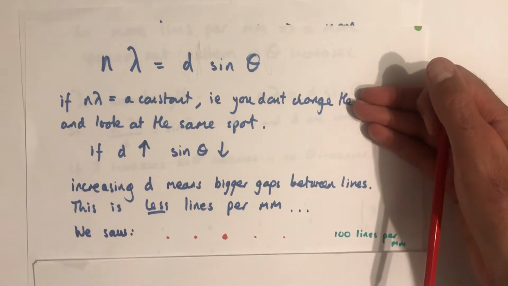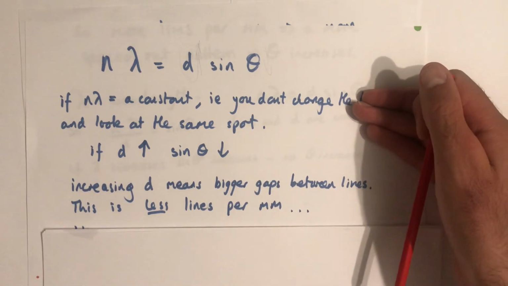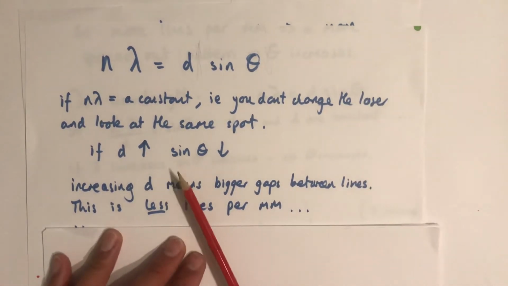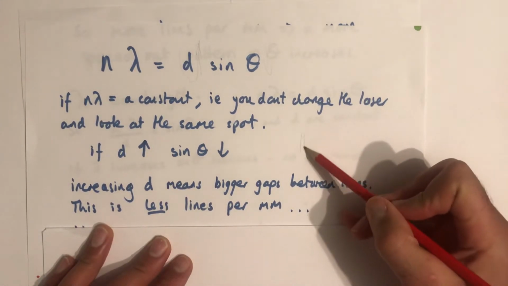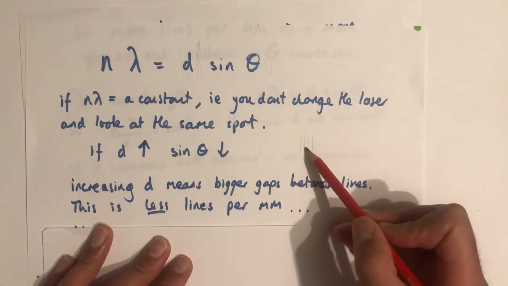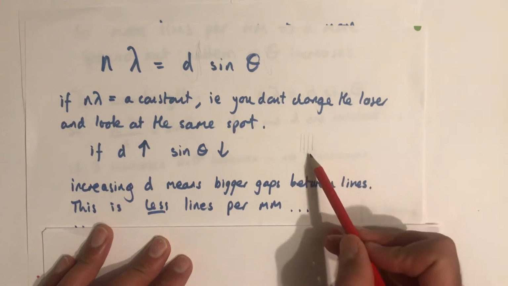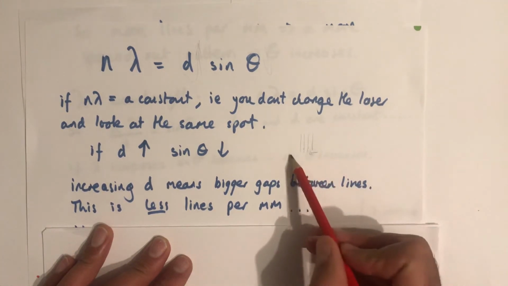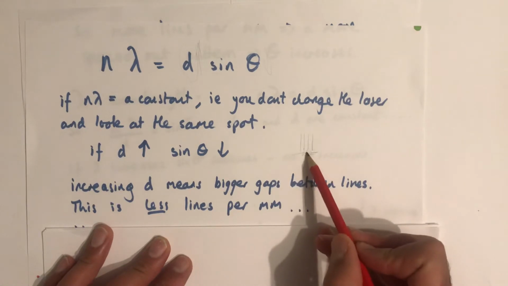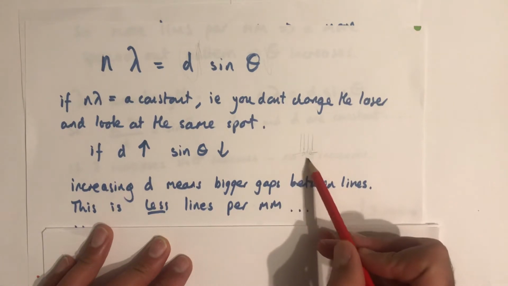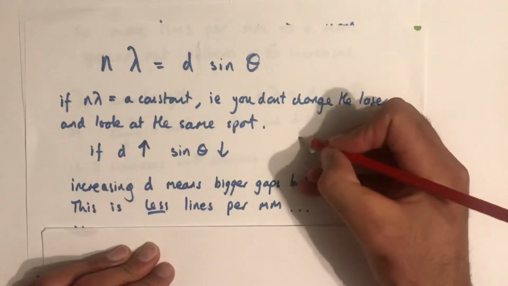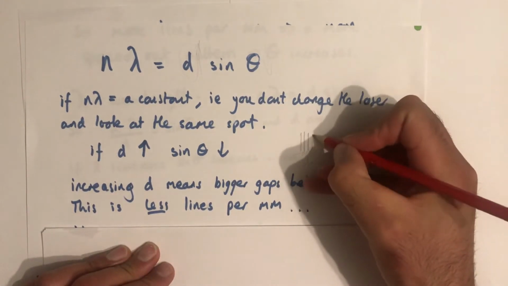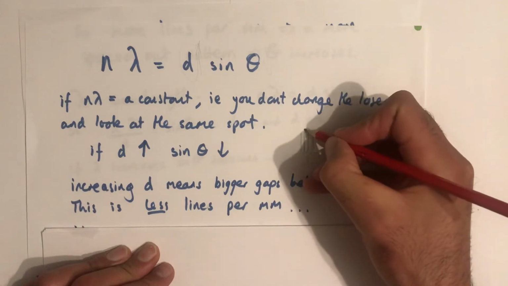Now, what does increasing d mean? Remember, d is the slit separation. You've got hundreds of slits, and the separation between two consecutive slits, that is our d. So when you're looking at the slits, here's the distance between two slits.